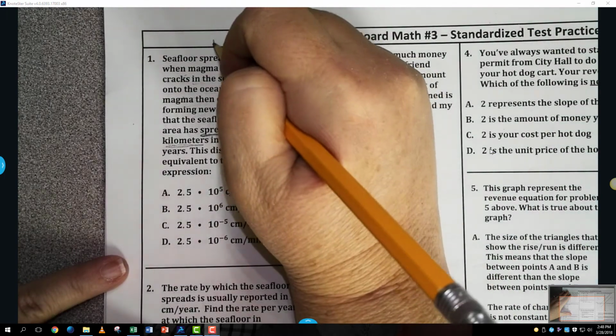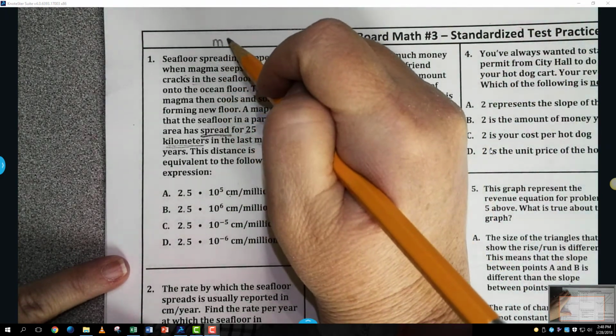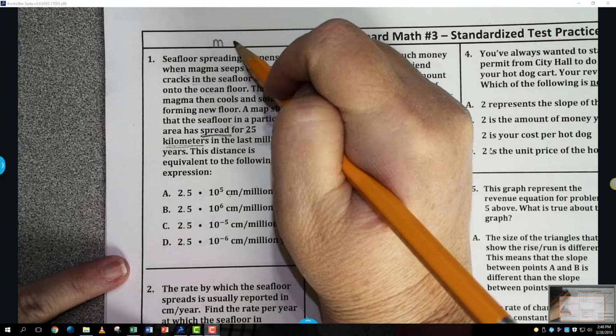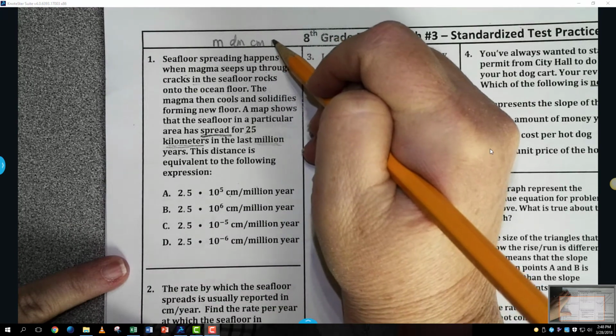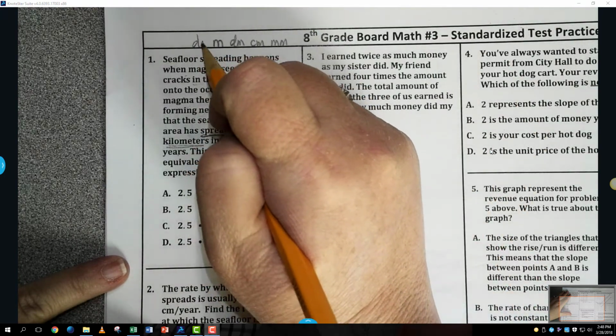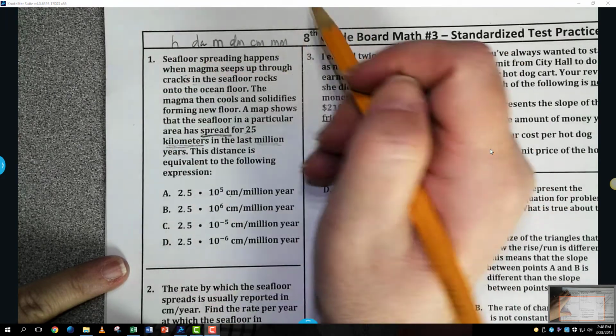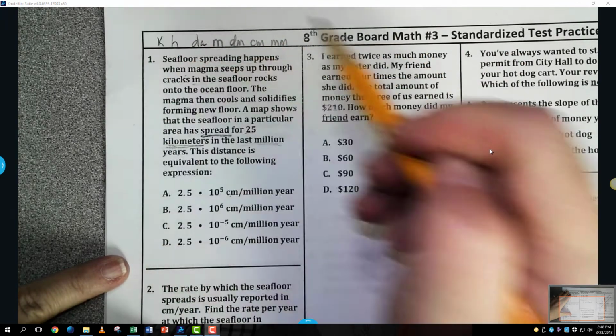If I have the base unit of meters, then to the right I can have decimeters, centimeters, millimeters. To the left, I can have decameters, hectometers, and kilometers.